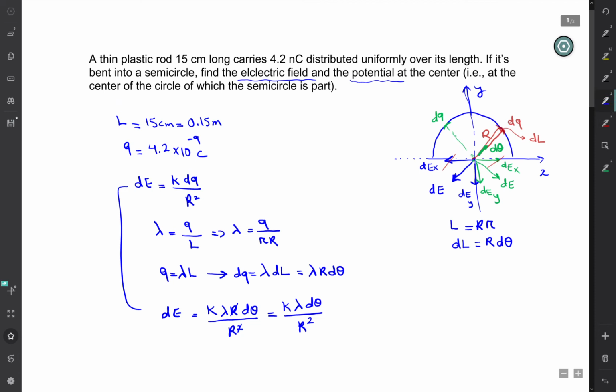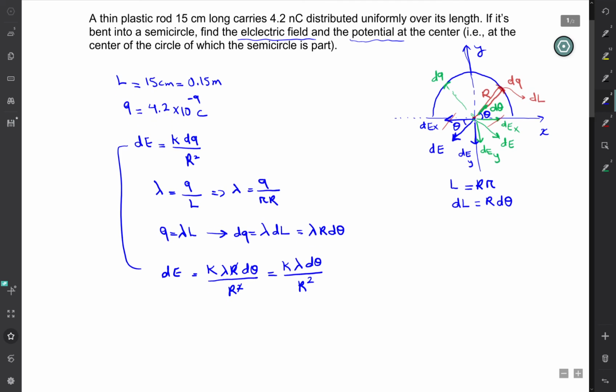How? If I look at this dq, its angular position with respect to the positive x-axis is theta, isn't it? So its angular position is theta. If this is theta, do you guys believe that this is theta as well? Therefore, the x component of the electric field would be adjacent, and it will take the cos.